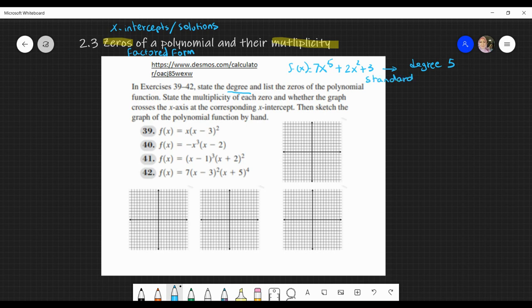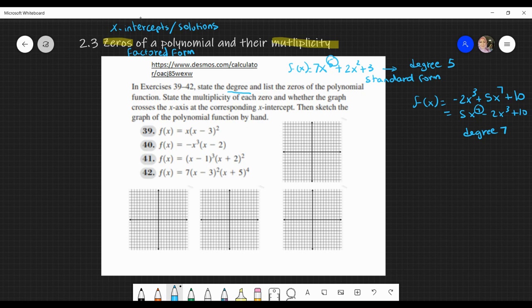So in a standard form, we look at the highest exponent, and that would be the degree. Sometimes it's a little bit tricky where they will give you negative 2x cubed plus 5x to the 7th plus 10, for example. This is not a standard form because you need to rearrange it nicely. And once you rearrange it, the highest exponent will also be the degree.